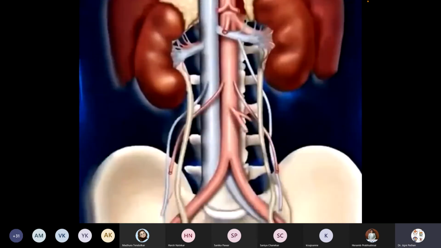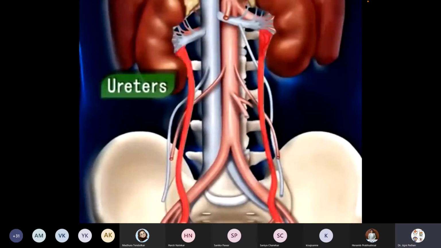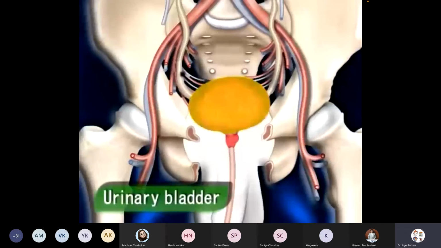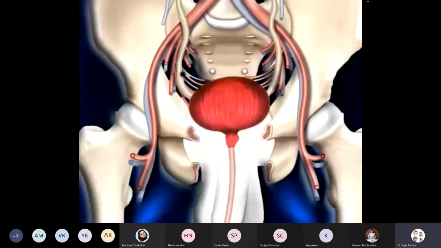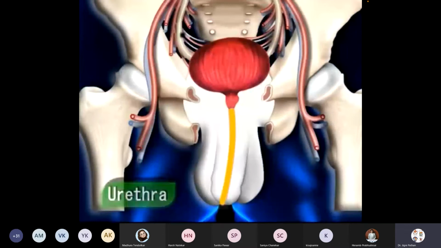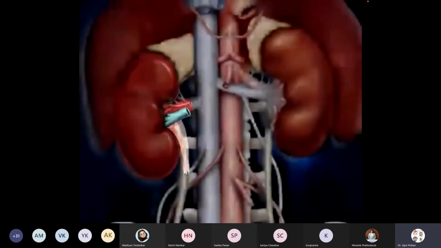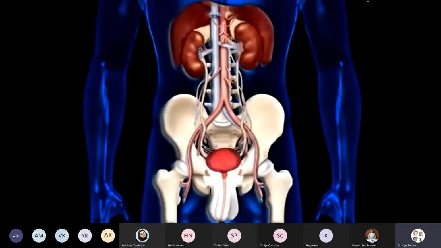The other components of this system are the ureters, urinary bladder, and the urethra. One of the main jobs of the kidney is to filter the waste out of the blood. The urinary system regulates the quantity and composition of fluids by removing metabolic wastes from our body.